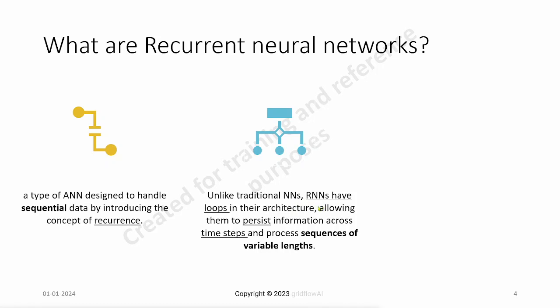RNNs use the concept of recurrence essentially to summarize information across the sequences. When you process sentences from left to right, the model is able to persist the information. That means from left to right, it generates a memory vector. That is what the meaning of recurrence is.